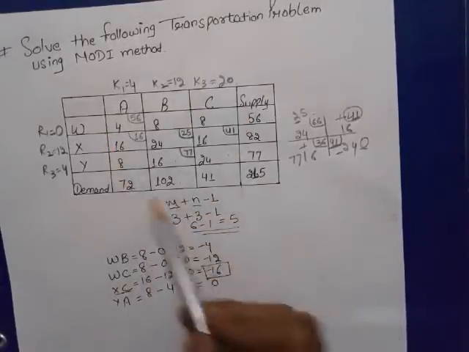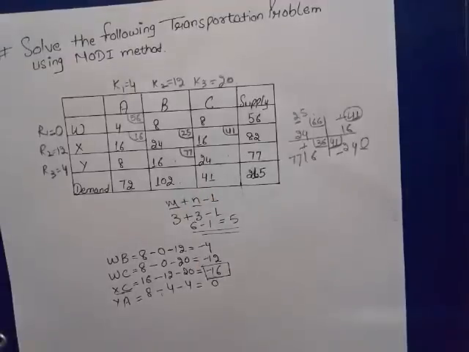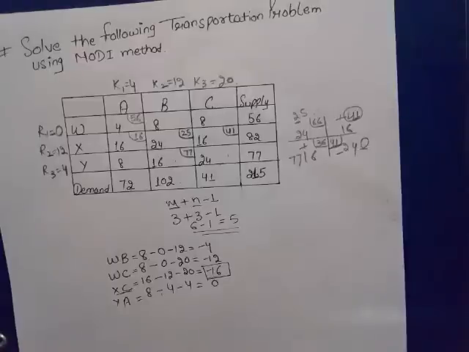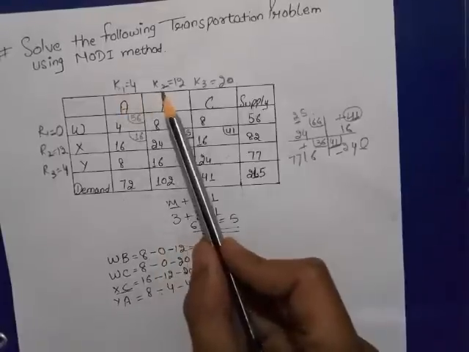After the change we have got a new solution. Now again we have to check the optimality, whether this new solution or new table is optimized or not. In the same way we have to calculate again R1, R2, R3, K1, K2, K3.